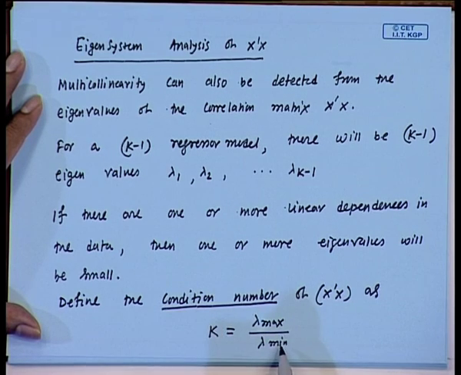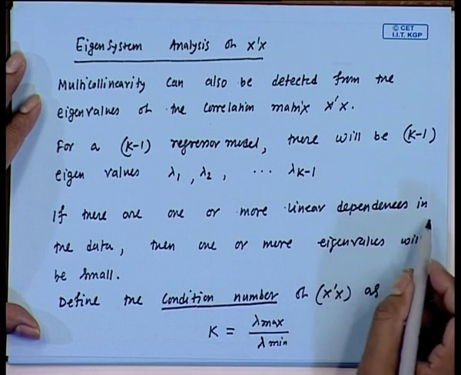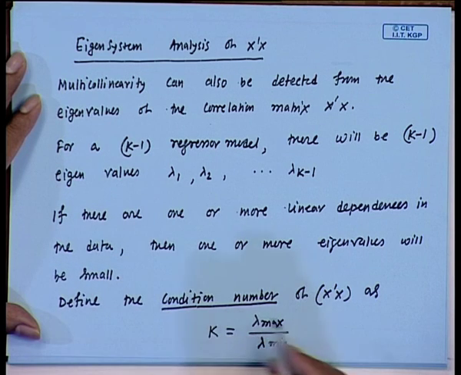If lambda minimum is small, or very close to 0, then this condition number is going to be large. So, we can conclude that when lambda minimum is small, k is going to be large.